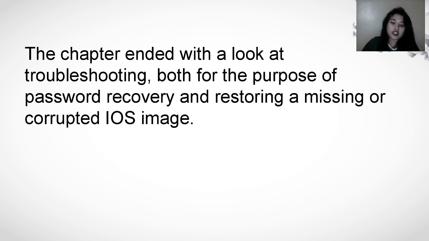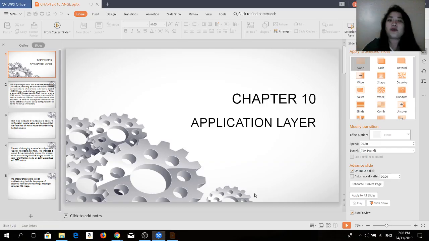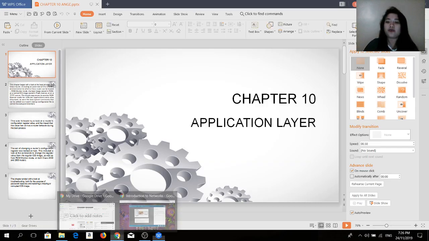The configuration registers played a key role in both processes, allowing the startup configuration file to be bypassed in the case of changing a password, while the boot image was used to download a new IOS image from a TFTP server. So this is the end of my PowerPoint presentation.